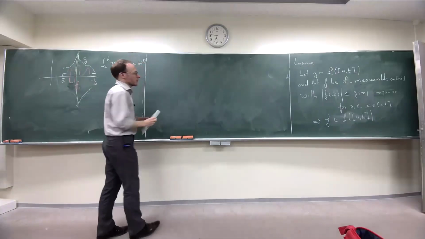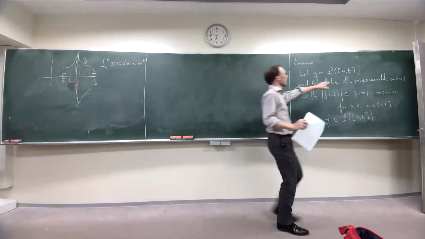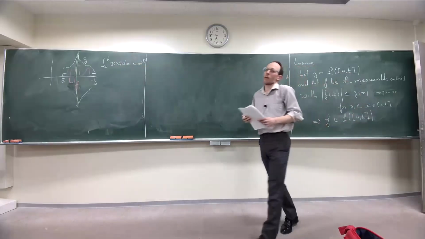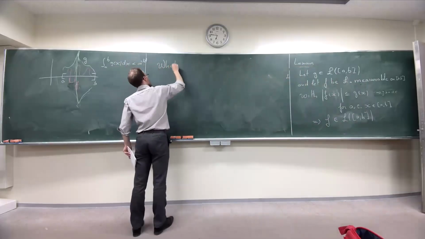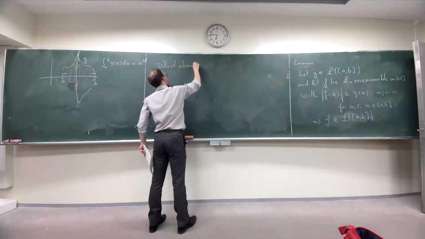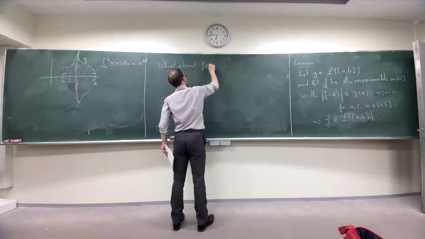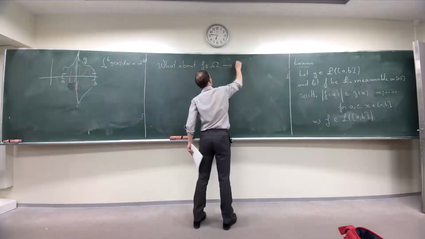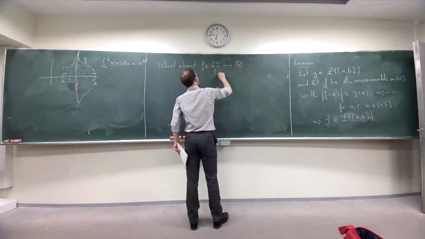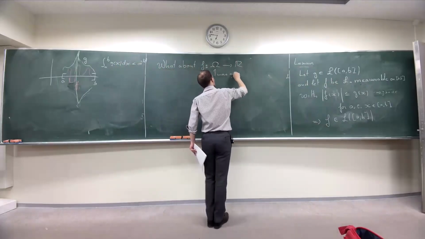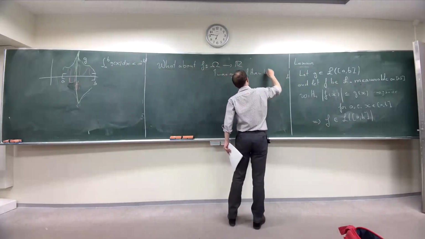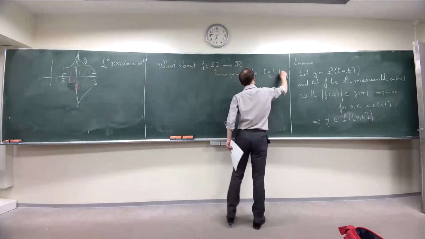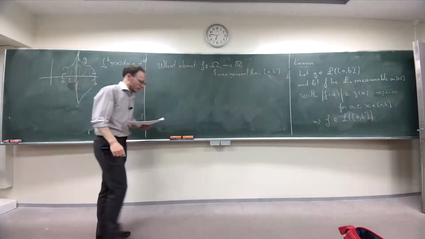Now, so far we have always defined a function on an interval, but what about a more general domain? What about f defined on Omega? I want something slightly more general.